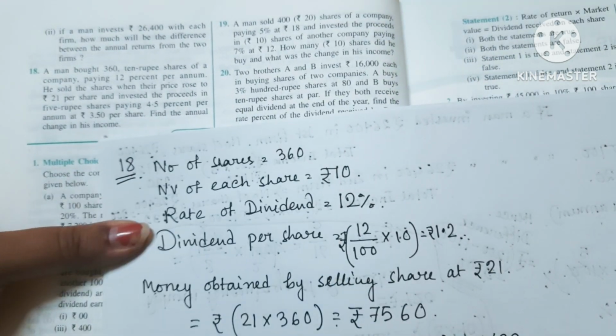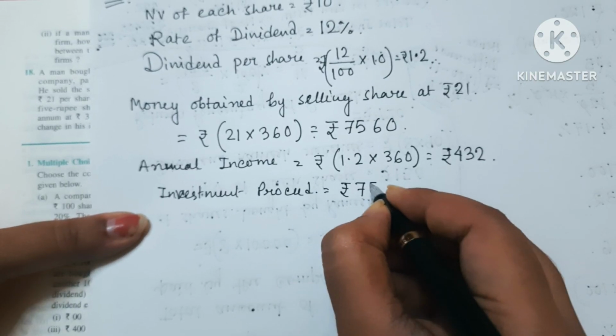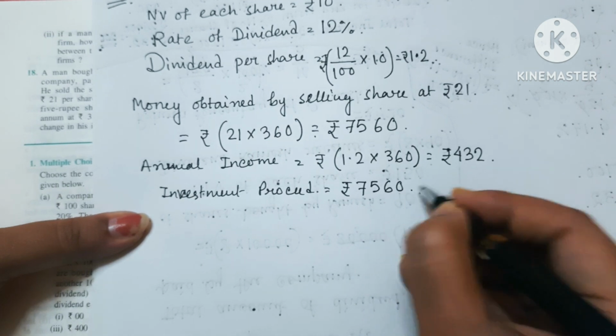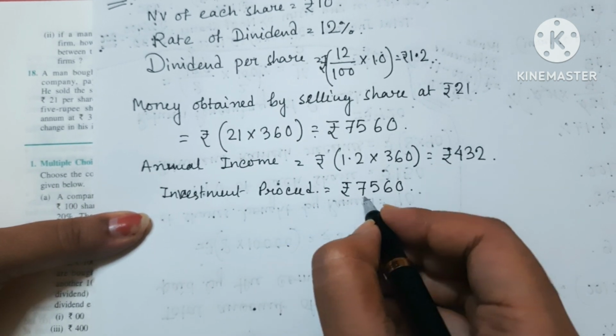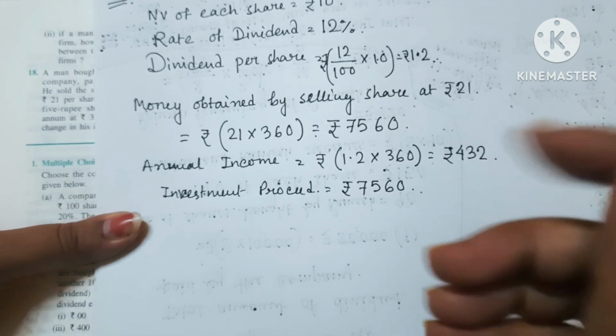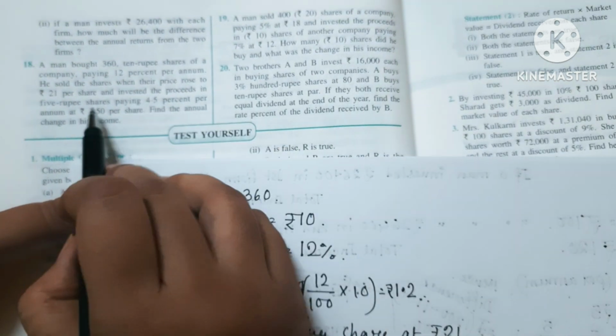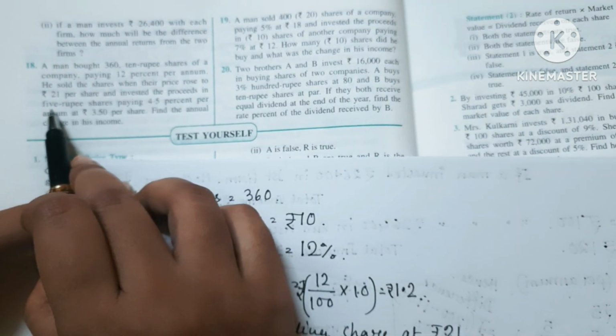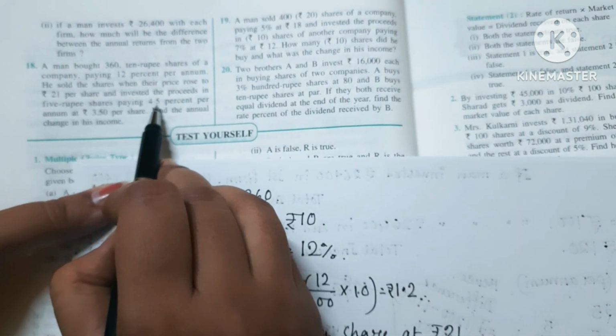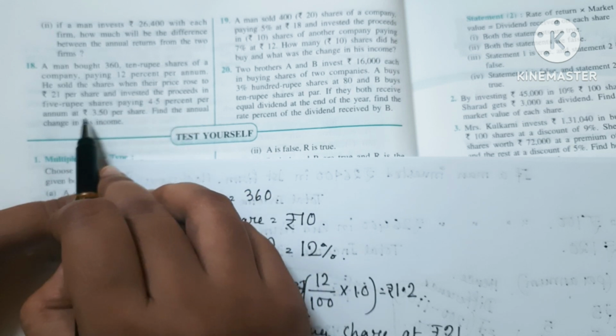So investment proceed, that is rupees 7560. Investment proceed is equal to 7560. Okay, now see, in case of second investment, 5 rupees shares paying 4.5% per annum at rupees 3.50.